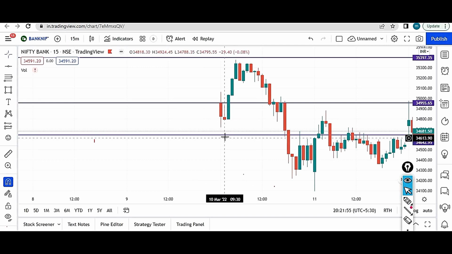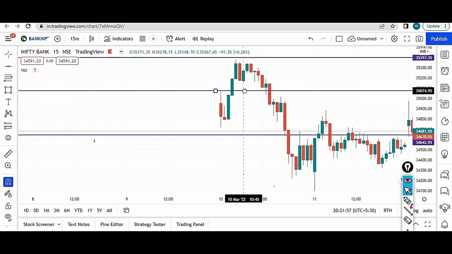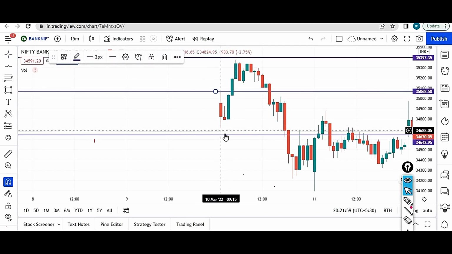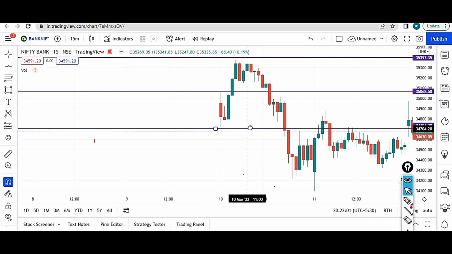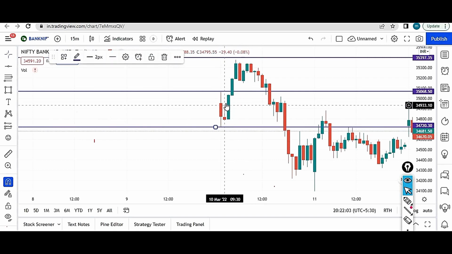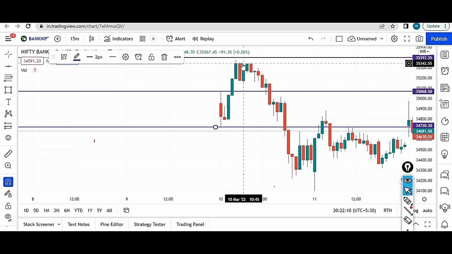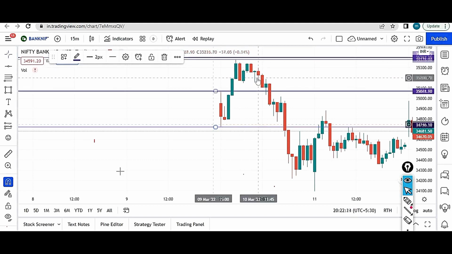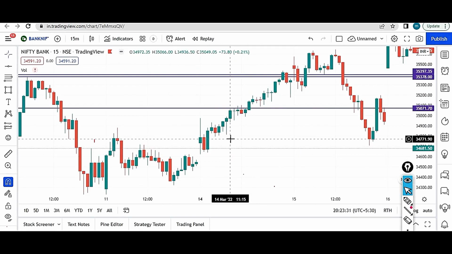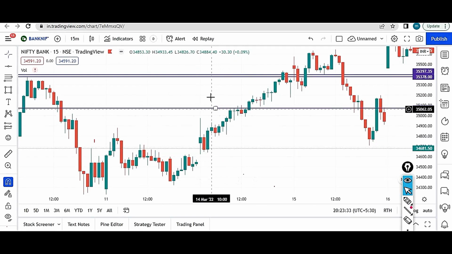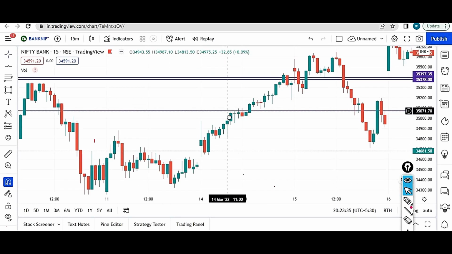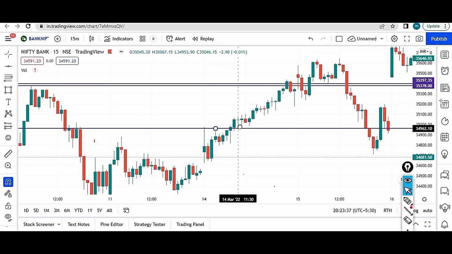And March 10th, another opportunity, inside bar. This is the small candle and the 2 candles inside this bar, and it gave an opportunity of almost some 300 points move. Okay, which is very good. On March 14th, another inside bar formed here in the early morning itself.